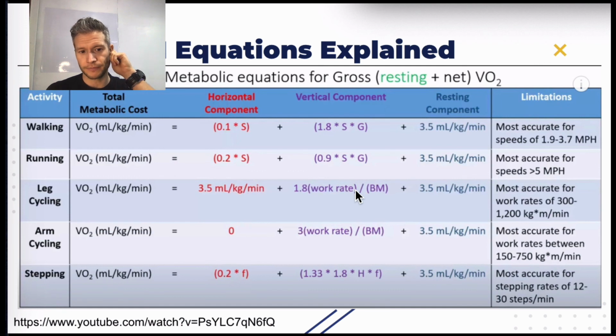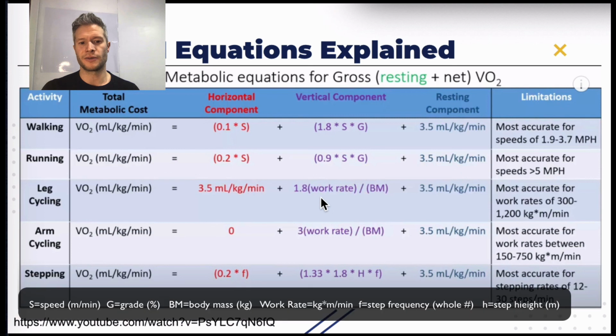That has to do with running versus walking. But what I'm trying to get to is the leg cycling. We won't do arm cycling, but you can Google arm ergometer or cycle ergometer and you'll see what one looks like. Getting back to leg cycling, we have a resting component, like in everything, but the vertical and the horizontal look a little different.